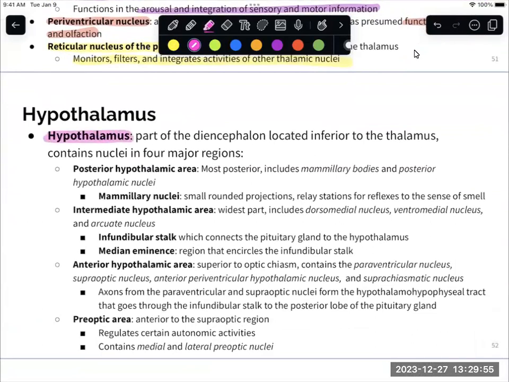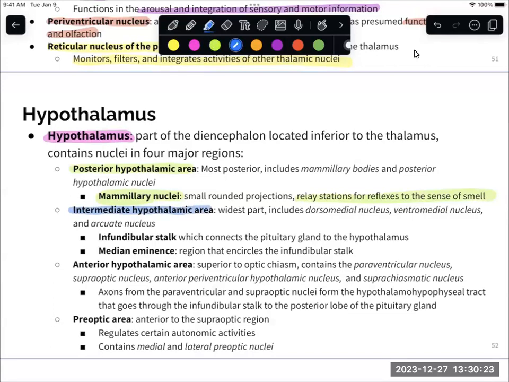The hypothalamus has many different areas to it. The posterior hypothalamic area has the mammillary nuclei for reflexes to the sense of smell.